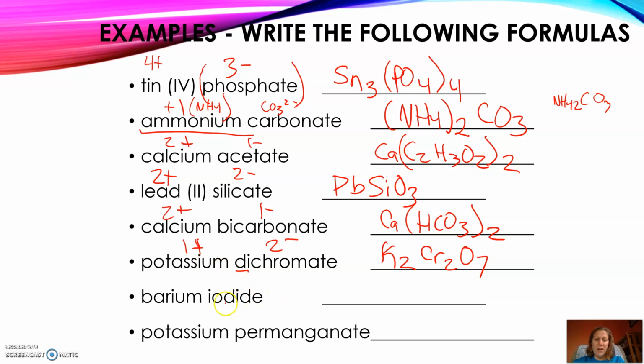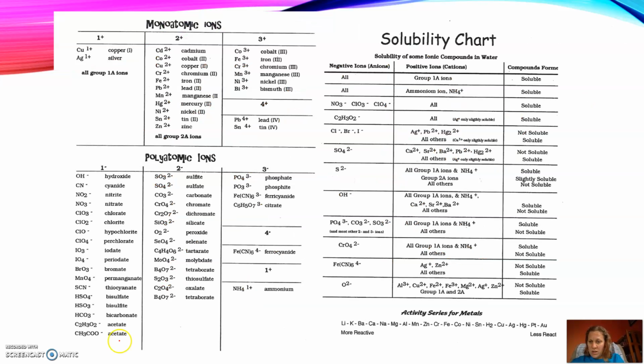Okay, and then barium iodide. Oh, that guy snuck in. I think I was gonna do iodite. Yeah. Okay, I'm changing it. Change that to a T. Iodite. There are no ites on here. Barium is a 2 plus. Iodite is a iodate.